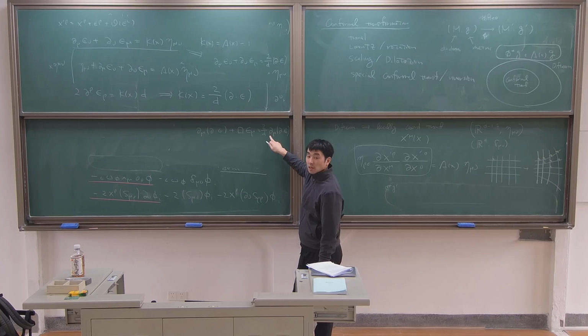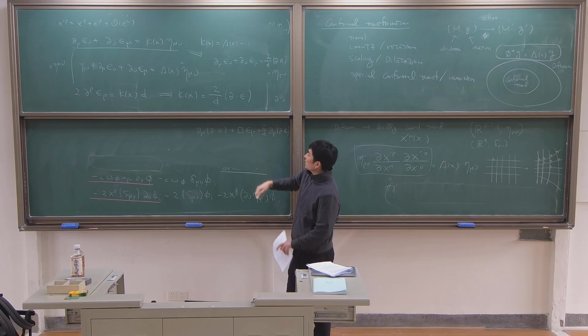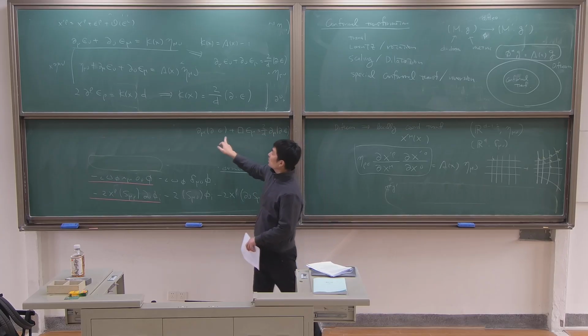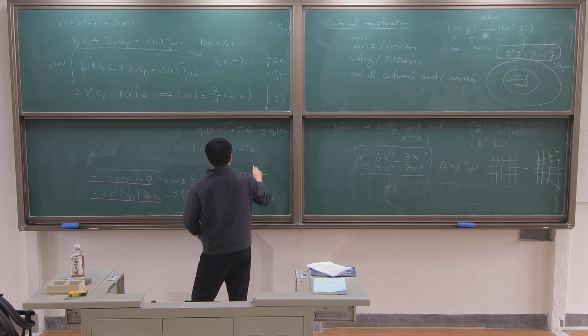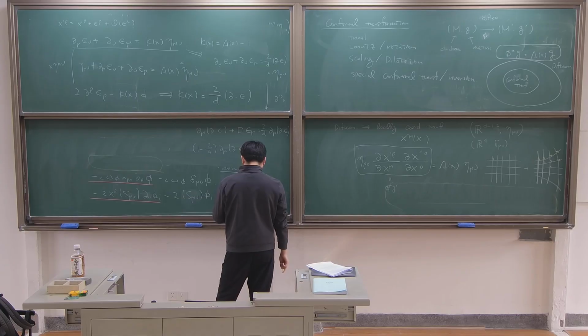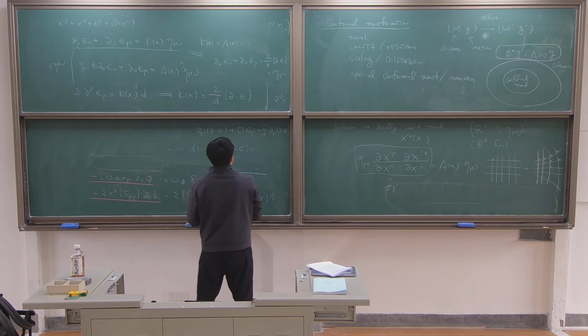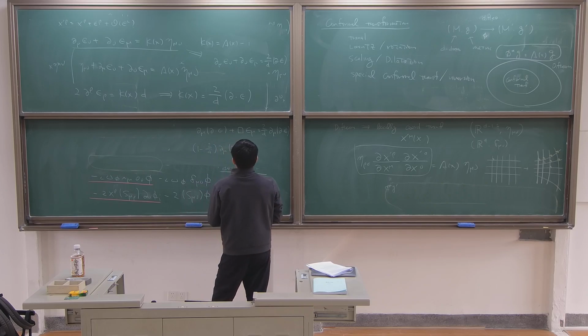Is everything okay? Okay, and let's massage this one. So this term is equal to this term. Therefore what you get is 1 minus 2 over d is equal to... Which do you prefer?